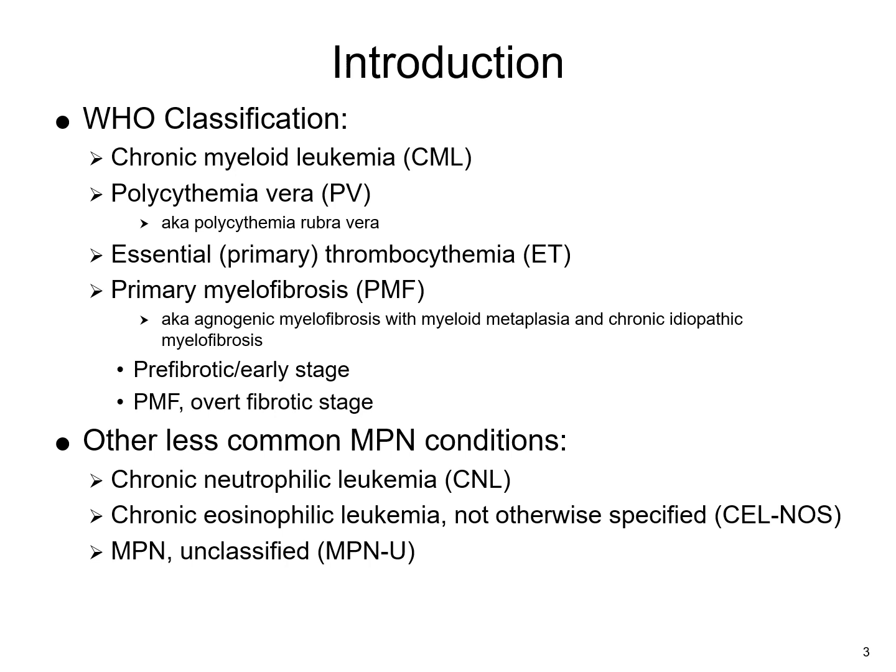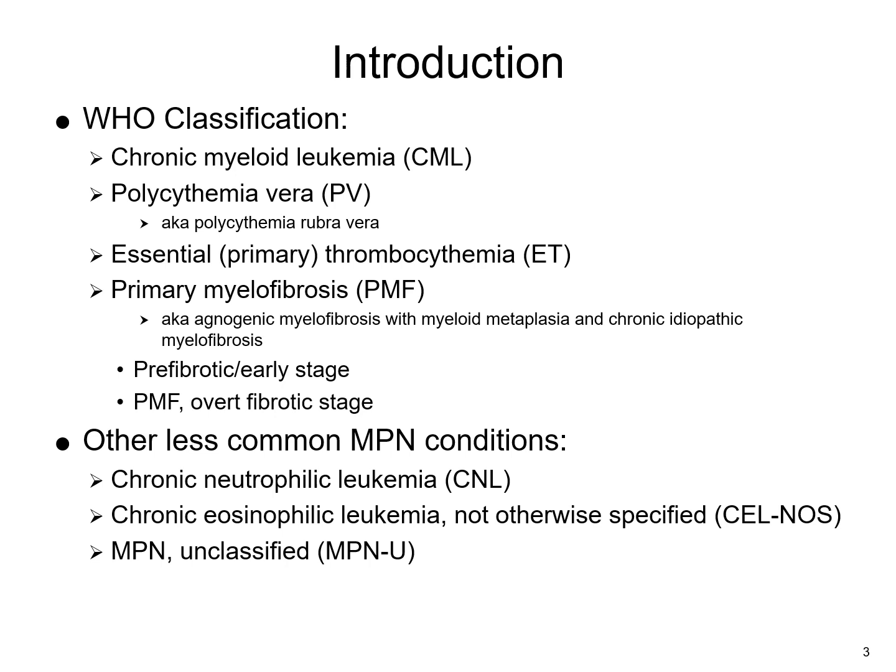Now, we have since expanded on that, and WHO has further delineated these classifications. WHO, the World Health Organization, defines the classifications into chronic myeloid leukemia, polycythemia vera, essential thrombocythemia, and primary myelofibrosis.